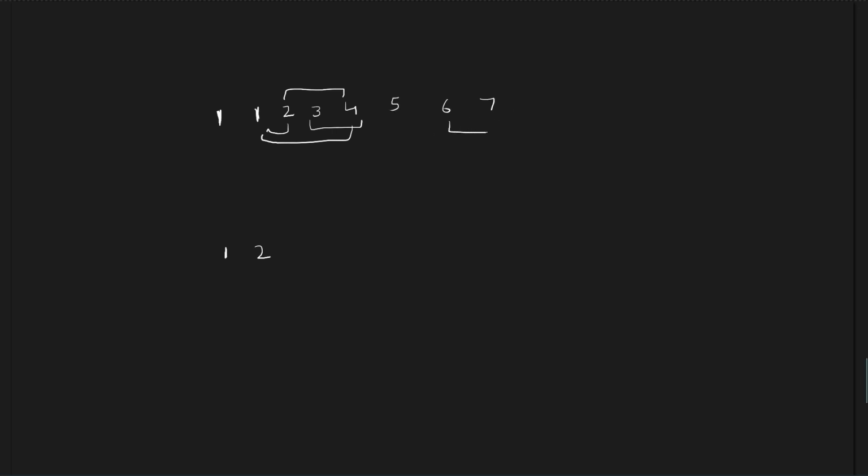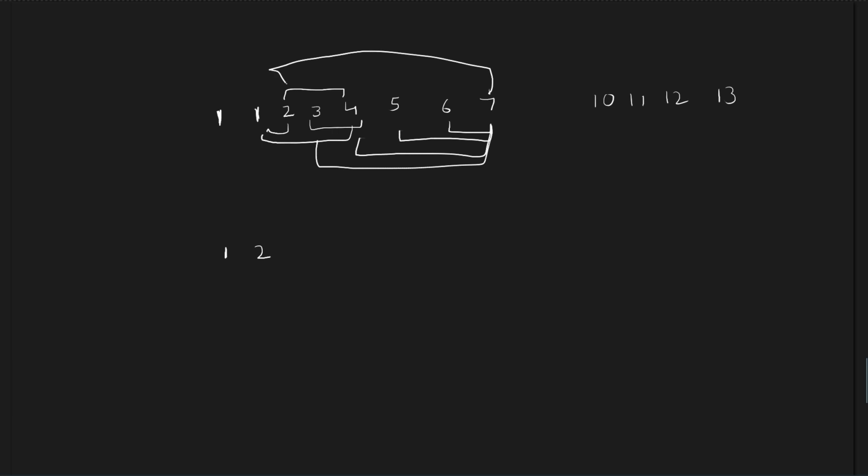Again, I can use these two to form 13, these two to form 12, these two to form 11, these two to form 10, and these two to form 9, and 7 and 1 to form 8. At each step, you will see by taking the last two elements, I am forming the maximum number, and I am able to form all the smaller numbers by using the remaining values.